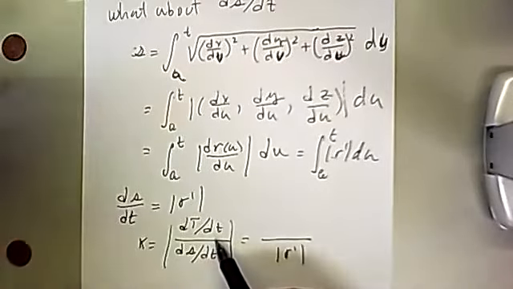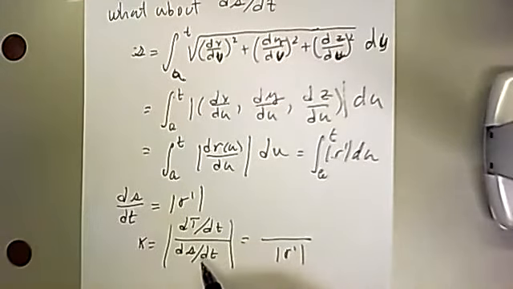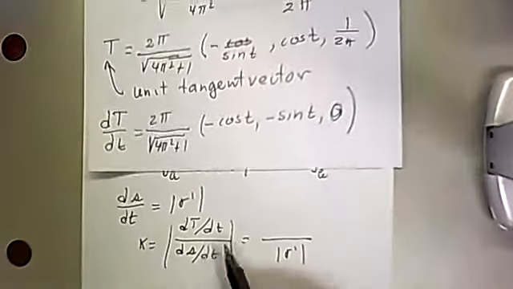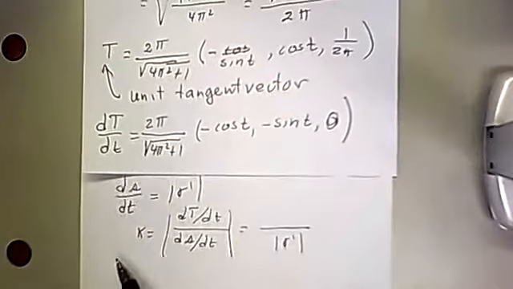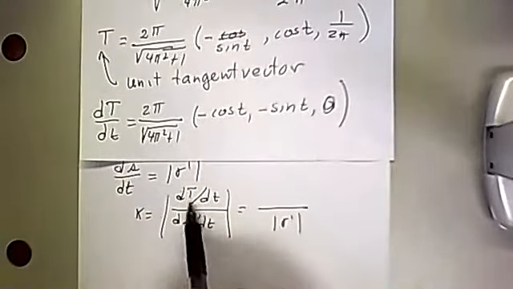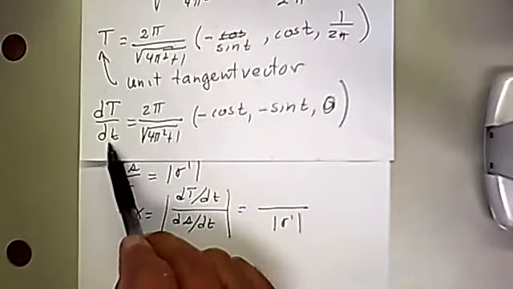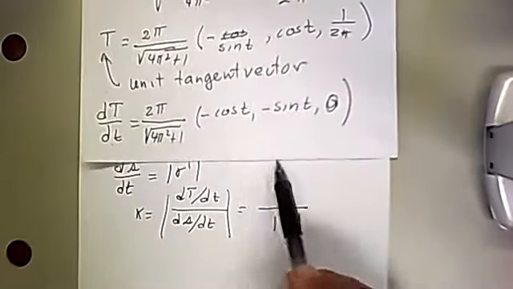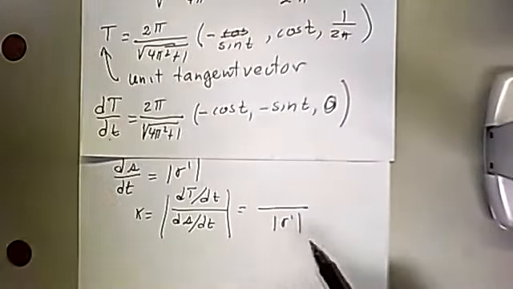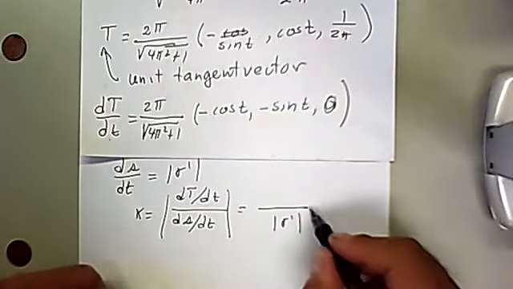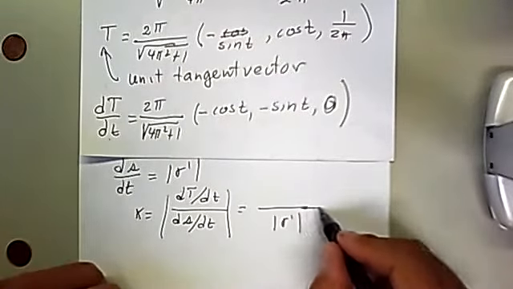And in our particular example, we know that the derivative of the unit tangent vector with respect to little t is this. So we need to divide by the magnitude of r prime. I'm going to try to squeeze that in here.